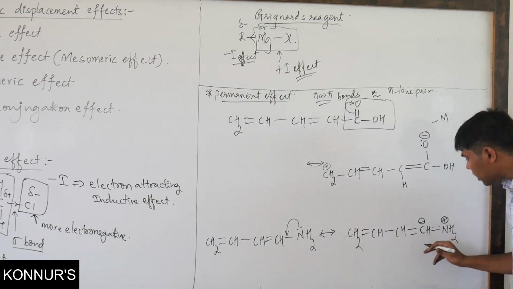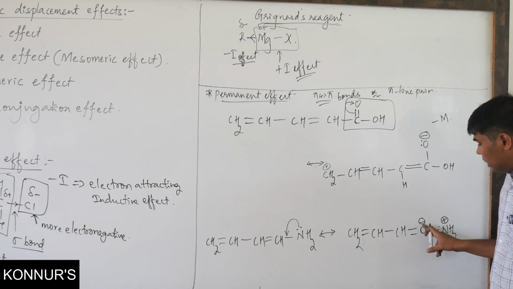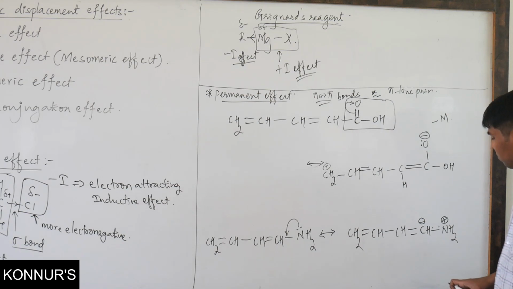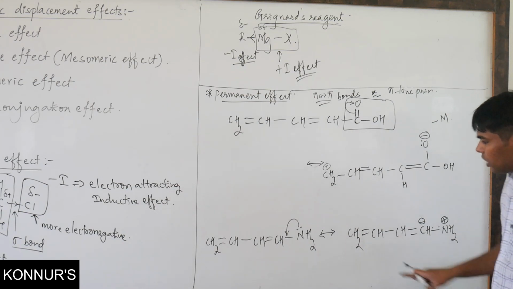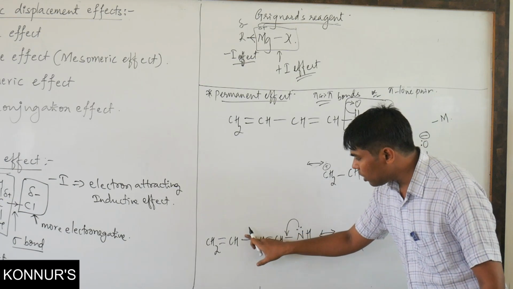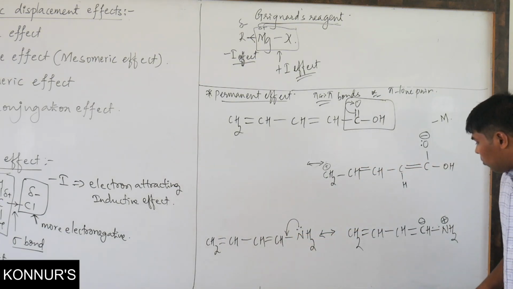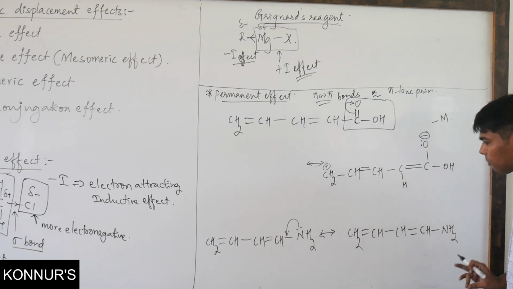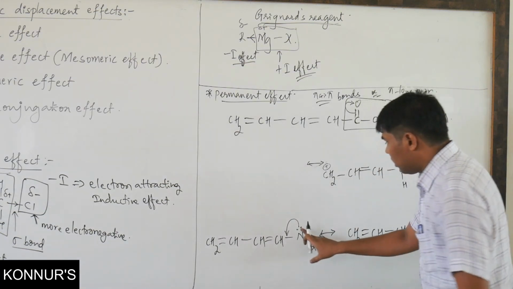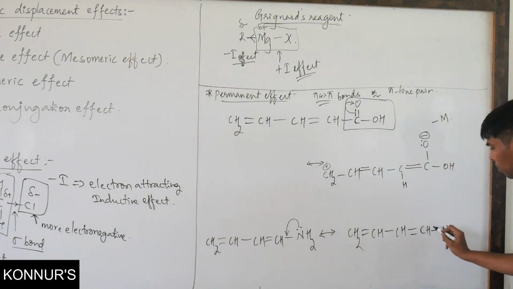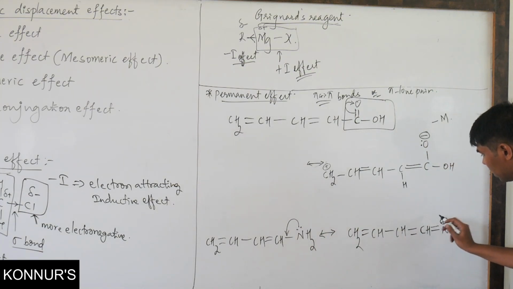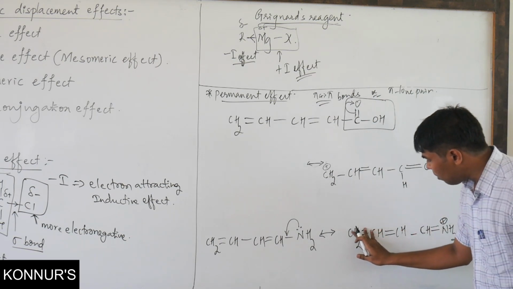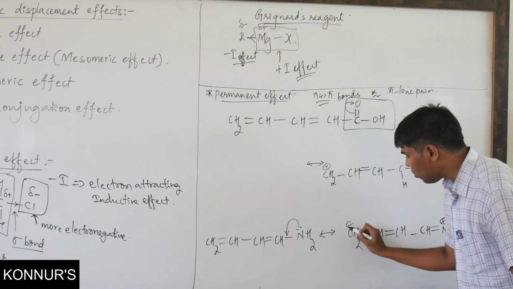Again, in order to balance the valency, since this electron is there on this carbon, if these electrons come here, these electrons will go like this. So again in order to balance the valency, the lone pair is converted into a bond pair, the bond pair is shifted to again a bond pair, and here the bond pair is shifted as a lone pair.